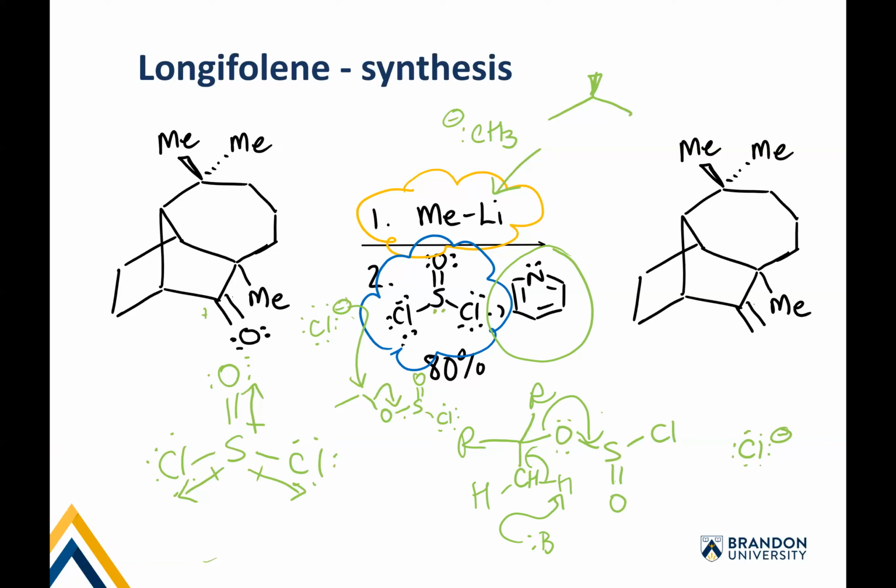So we've generated a really relatively good leaving group. And it produces sulfur dioxide, which basically bubbles out of the reaction and makes the reverse reaction impossible. So the way it's being used here is as a dehydrating agent. We're effectively removing water from the molecule, converting the alcohol to the alkene.